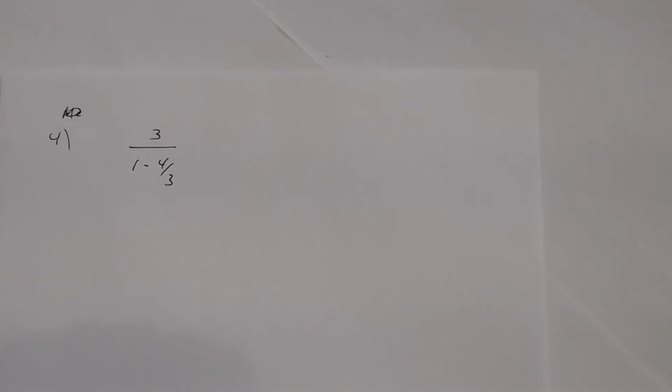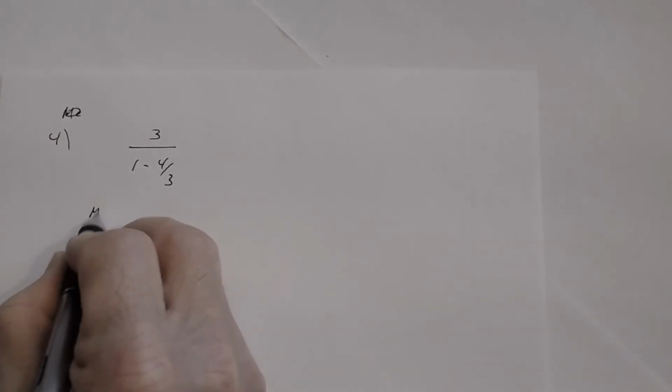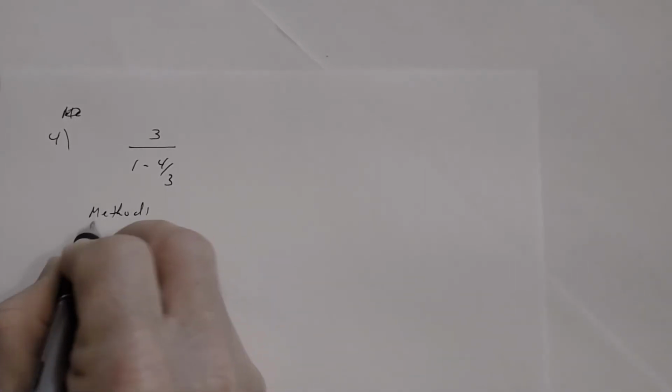I just wanted to bring that up again. So notice though that if I use method 1, now before we go on, which one do you think might be easier, method 1 or method 2? All right, well, let's see. I probably would think method 2 would be easier here, and you'll see why. But let's look at method 1.